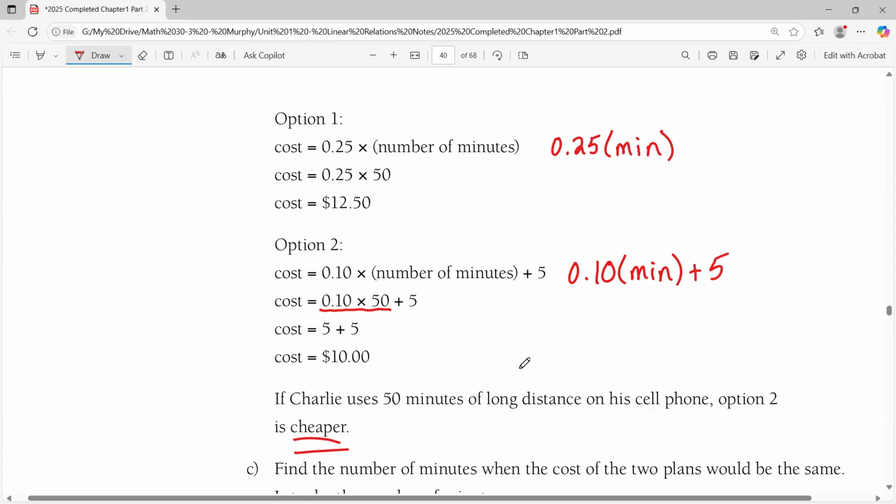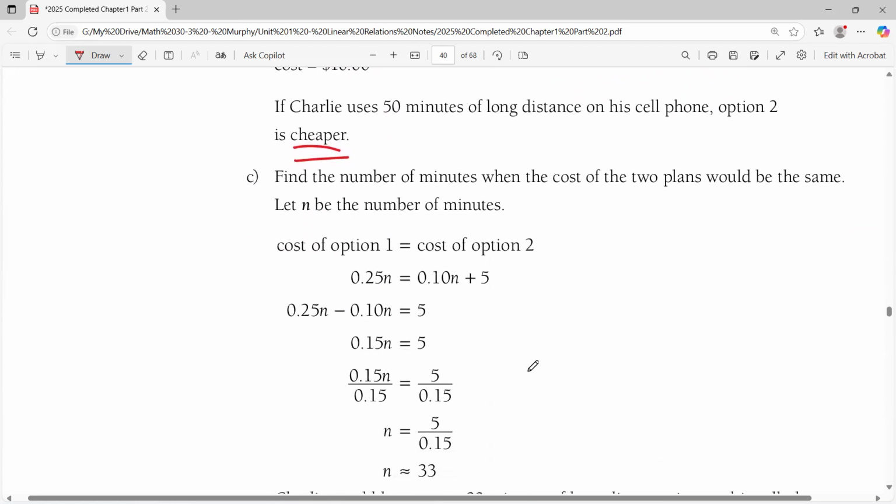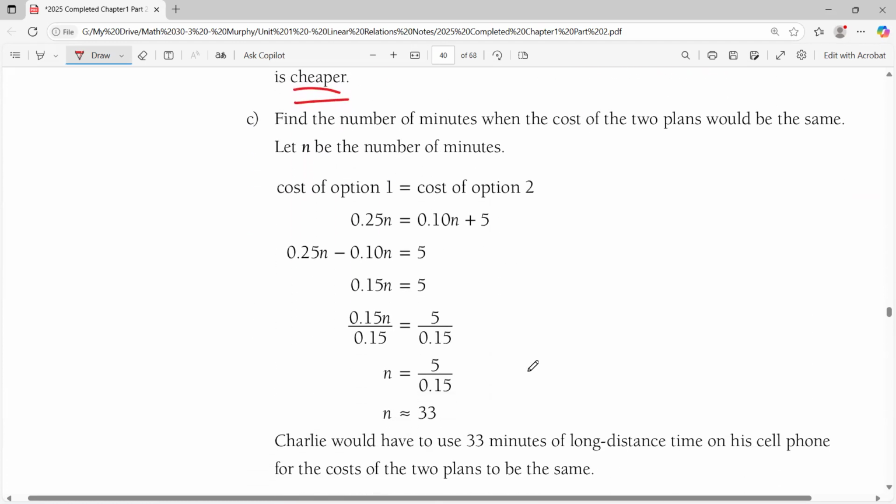C. What it's asking us to do is find how many minutes the two options would be the exact same. So when something like this comes up, you want the cost of option one to equal the cost of option two.